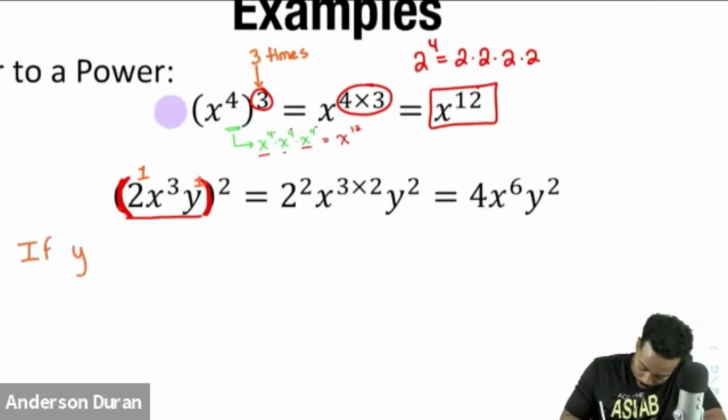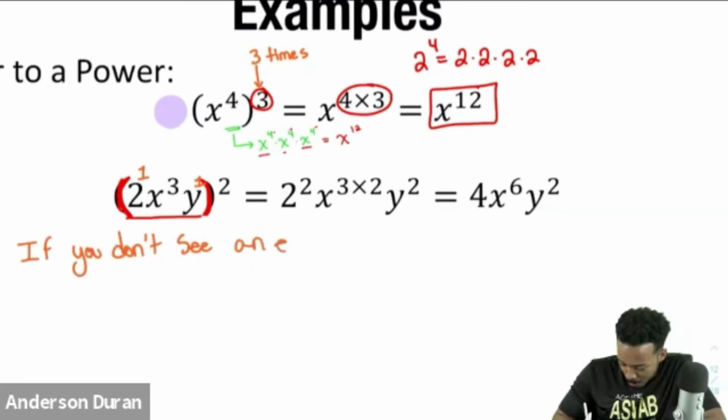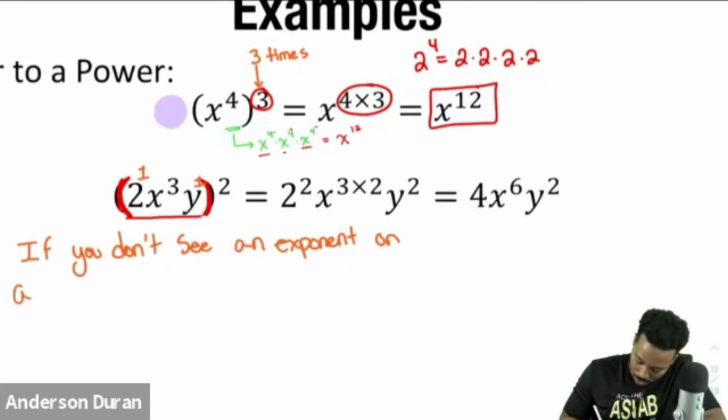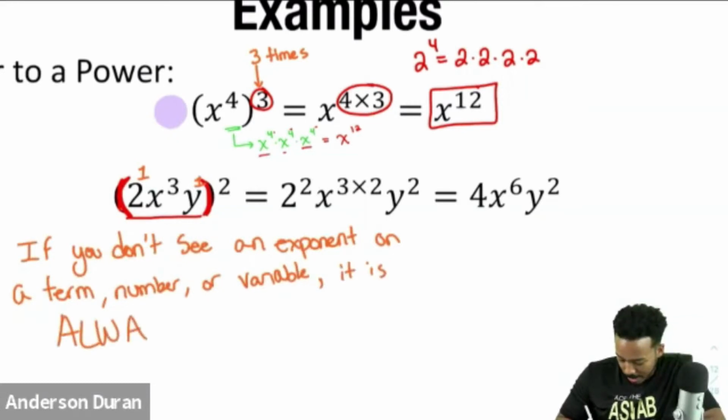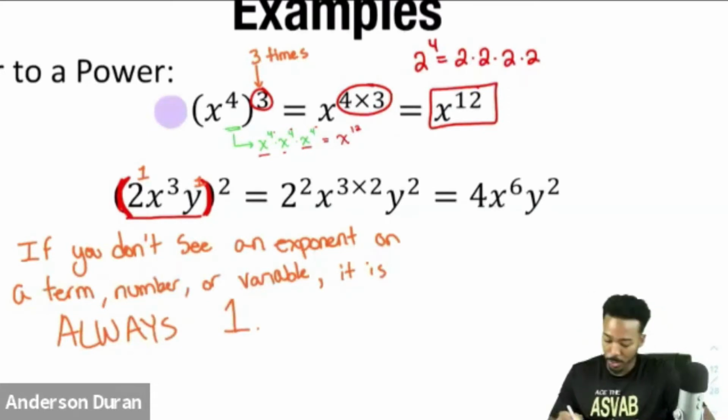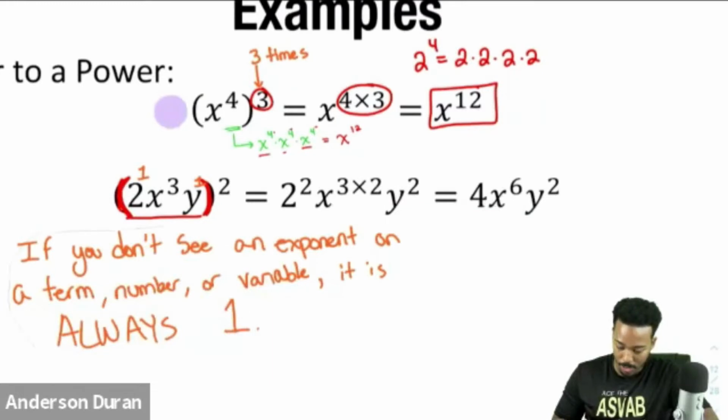If you don't see an exponent on a term, number, or variable, it is always 1. Always 1, all right? Always going to be 1.